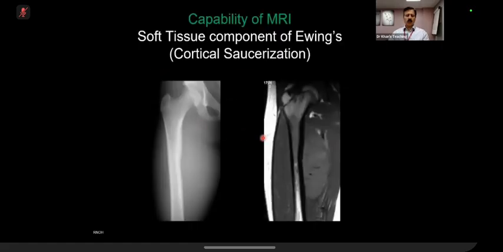And just to tell you the capability of MRI, if you get this case in the exam, it's a good case for the exam, by the way. You can see that you don't see anything abnormal, but you do see what we call endosteal scalloping here and a bit of soft tissue.